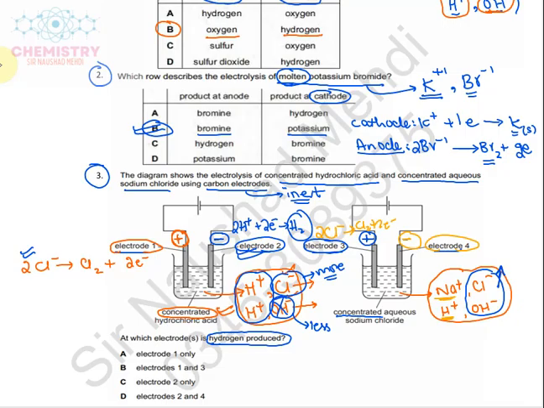Now you have to select which one will get discharged, right? So in the selective discharge of cations, when you have 2 different cations, you have to choose any one. How is the cation selected, that which one will get discharged? You have to see the ease of discharge series, which is basically like the reactivity series.